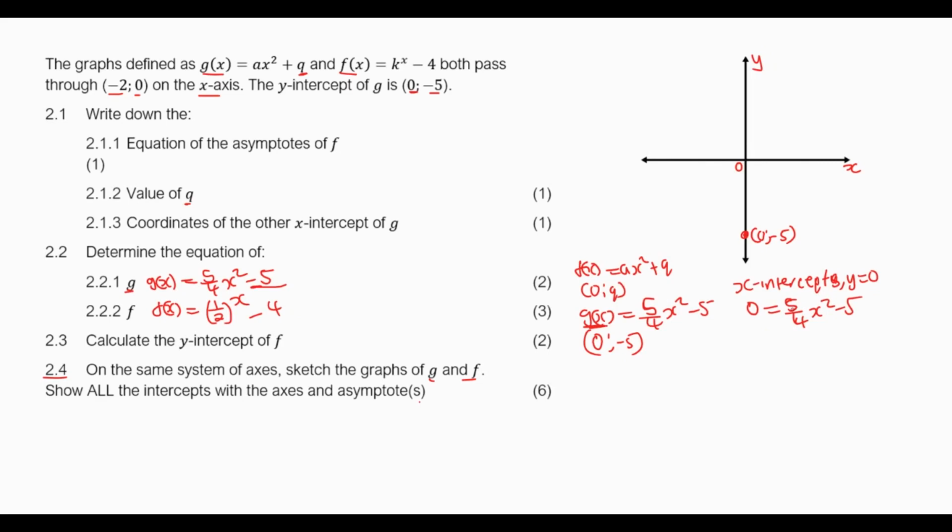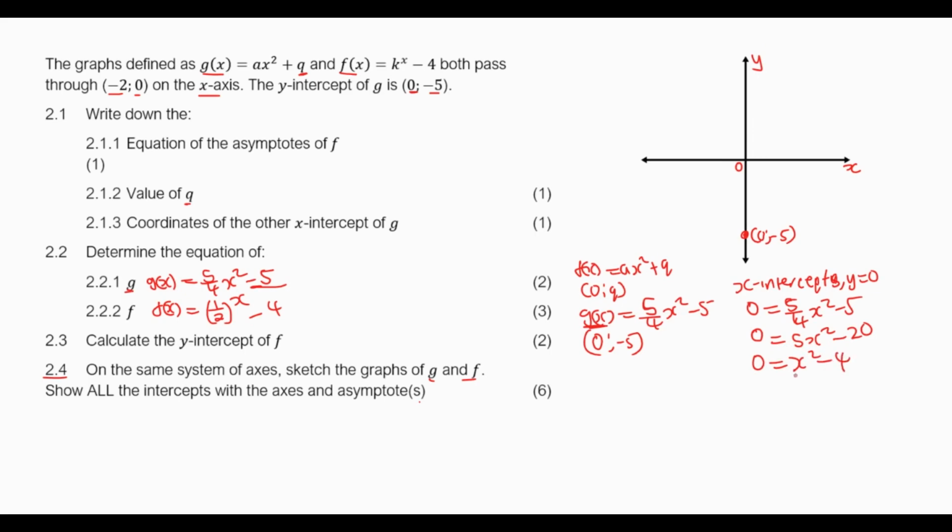To get rid of this 5 over 4, we can multiply by its reciprocal, which is 4 over 5. But you can do it step by step. Let's multiply everything by 4 first. 0 times 4 is 0. Then 5 over 4 times 4 is 5, so it becomes 5x squared, then minus 20. And then we can now divide everything by 5. Then get 0 is equal to x squared minus 4.